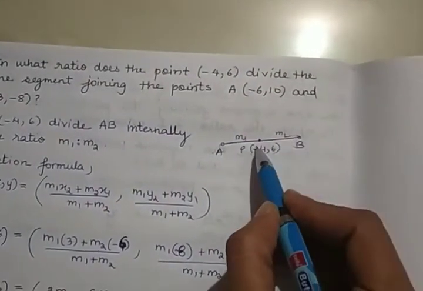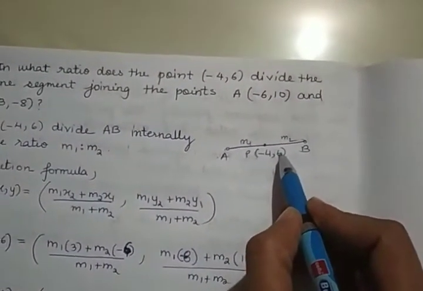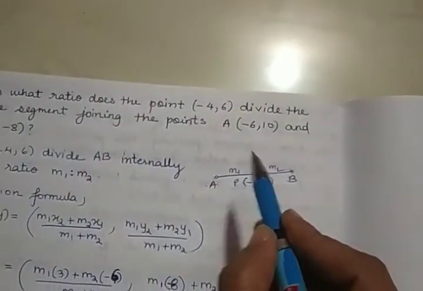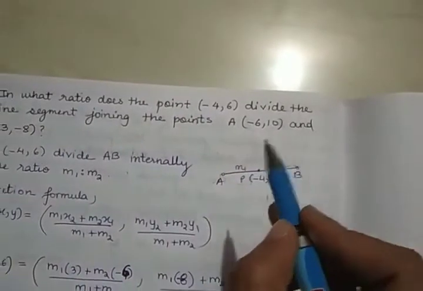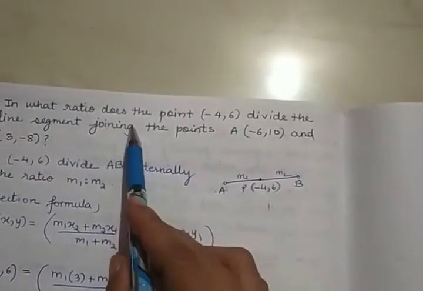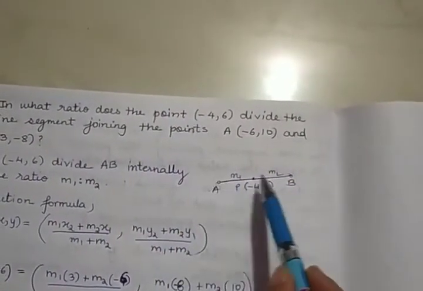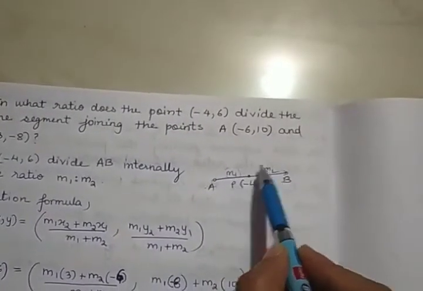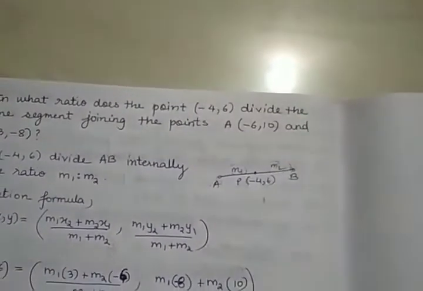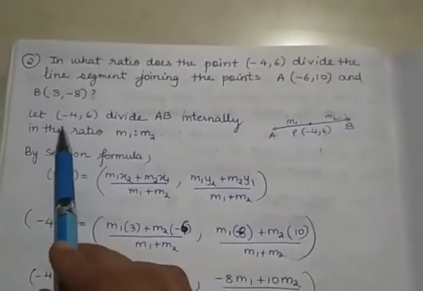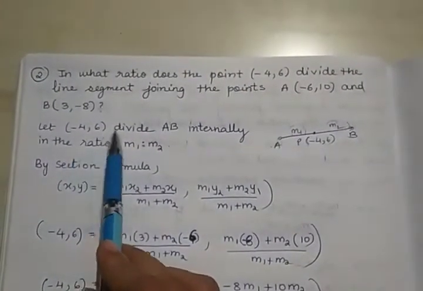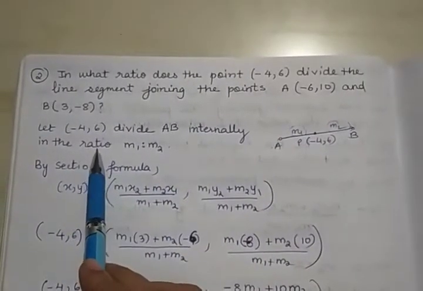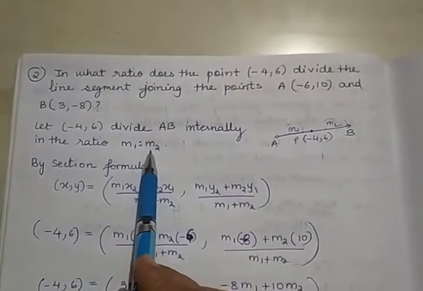You are given the coordinates of the point, but you don't know the ratio in which it divides. So in this example, you are asked to find the ratio in which this point divides the line segment AB. In other words, I have to find m1 and m2. So let us take that (-4, 6) divides the line segment AB internally in the ratio m1 is to m2.